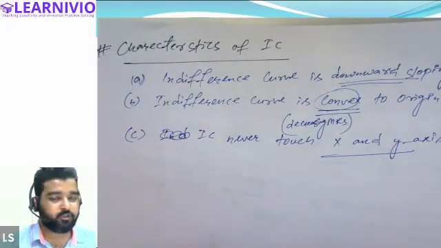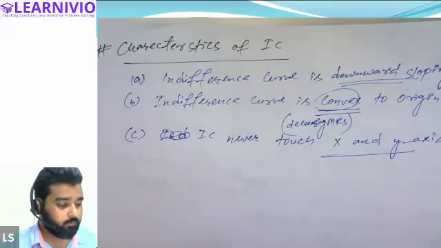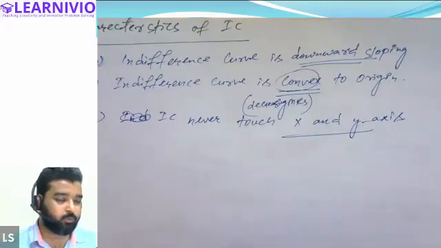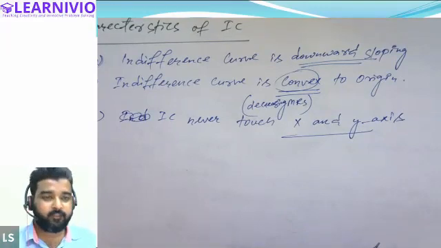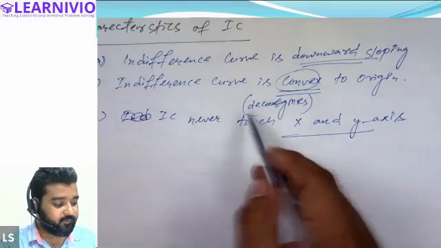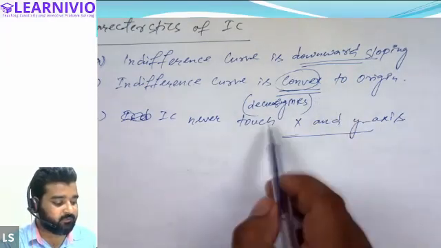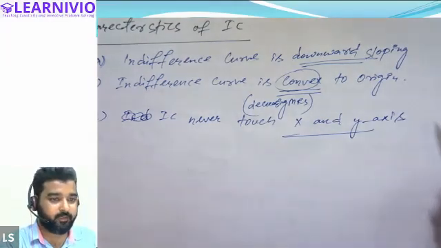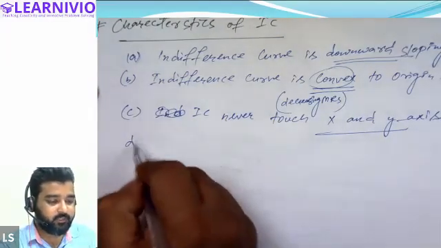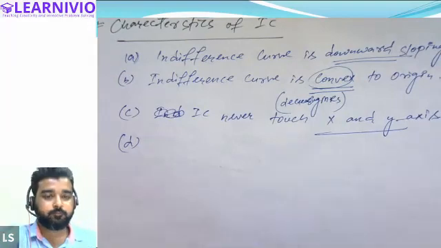Every combination contains at least 1 unit of each commodity. Therefore, when we make an indifference curve, it will be a convex shape curve lying between the X and Y axis. It will never touch X nor the Y axis. Is it clear, everybody?